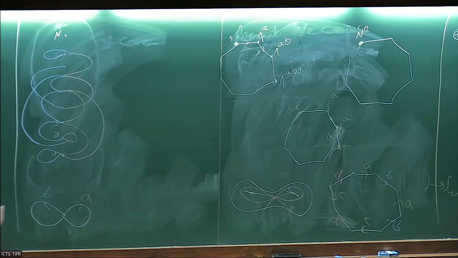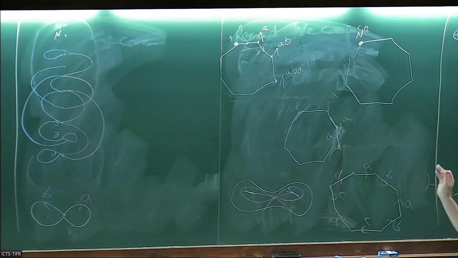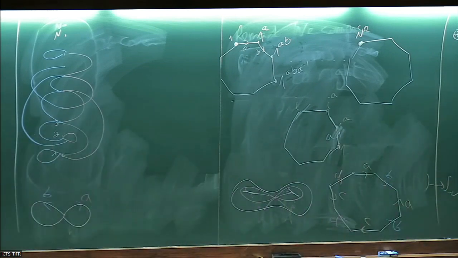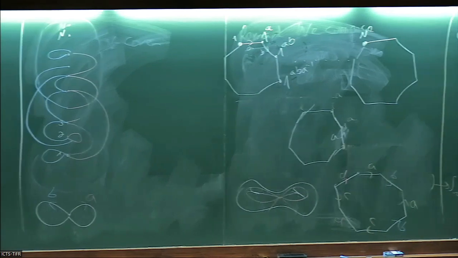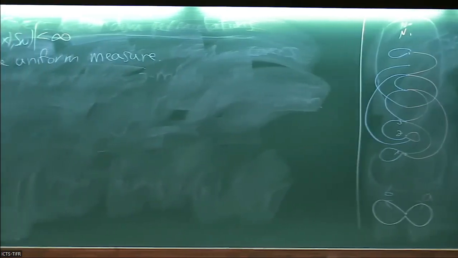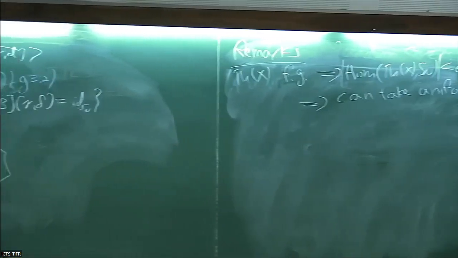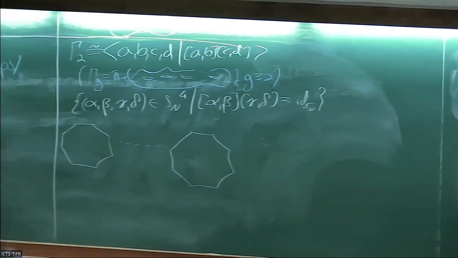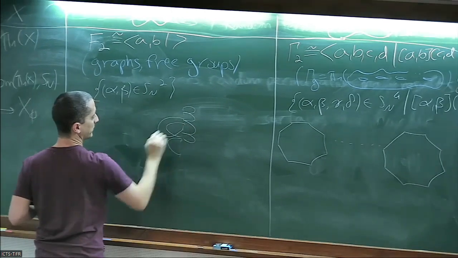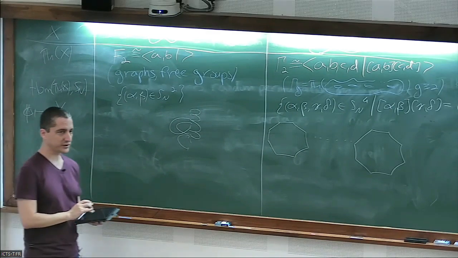I glue together these n octagons and I get my cover. This will be the model, so just to keep this in mind, I'll put it here on the table as a reminder. I hope this reminds you of these pictures. Any questions about this model?